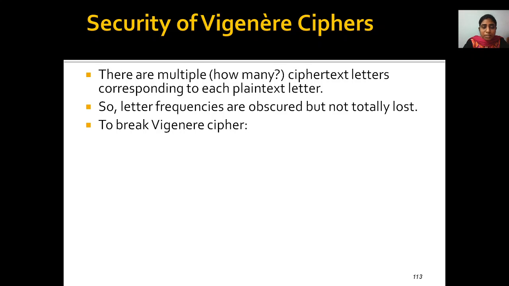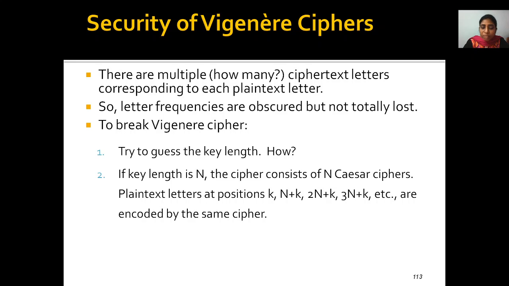To break the Vigenere cipher, they need to guess the key length. If the key length is n, the cipher consists of n Caesar ciphers, and plaintext letters at positions k, n plus k, 2n plus k, 3n plus k, etc. are encoded with the same cipher.